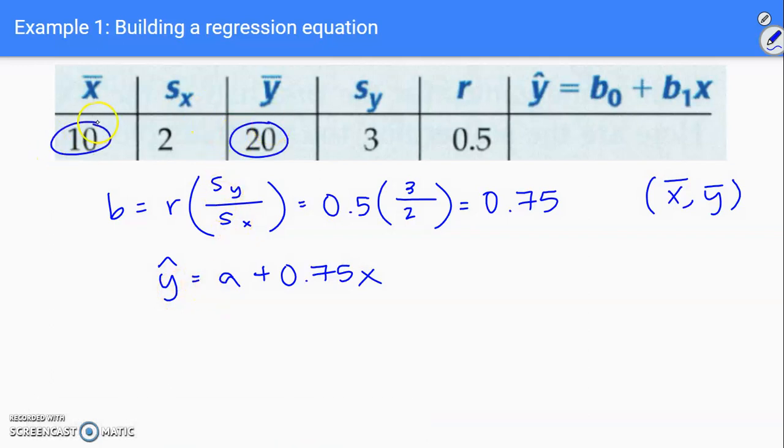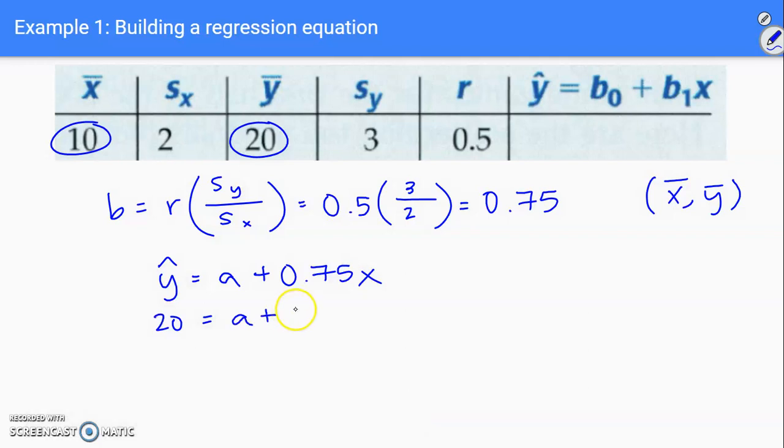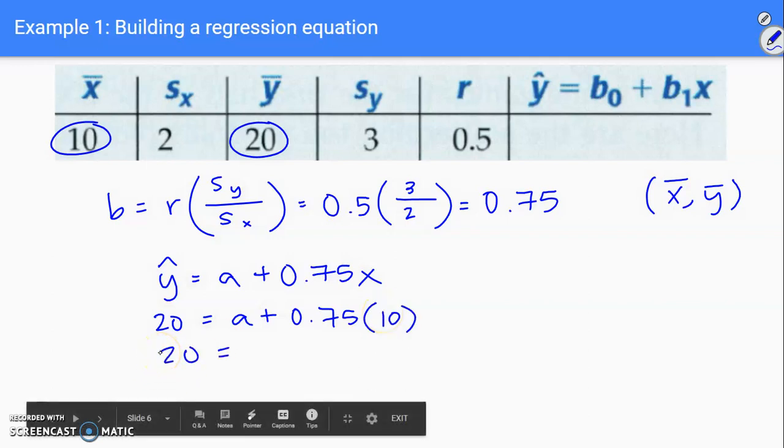I know that it goes through the point 10, 20. I can use that to figure out what my y-intercept is. So I'm going to plug in 20 for y, and I'm going to plug in 10 for x. I'm going to do a little math, solving, doing some algebra. So now I know that my y-intercept is 12.5.